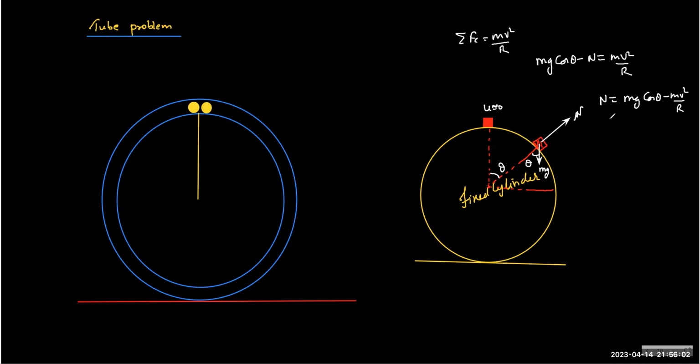As you go down, theta will increase, so cos theta will decrease. Very good. And what about the V?